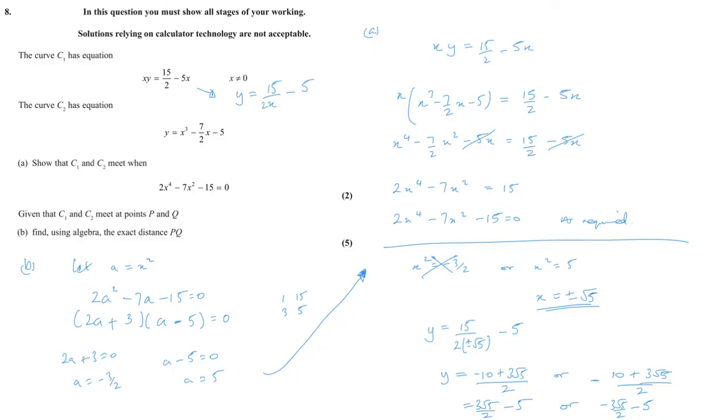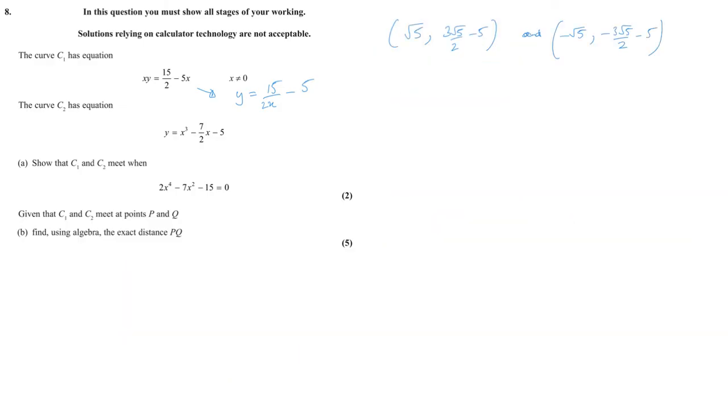Okay, so here we have our coordinates. So just imagine, PQ is some line PQ. We're going to use Pythagoras to solve it. So looking at the y's, we've got 3 root 5 over 2 minus 5, and minus 3 root 5 over 2 minus 5.